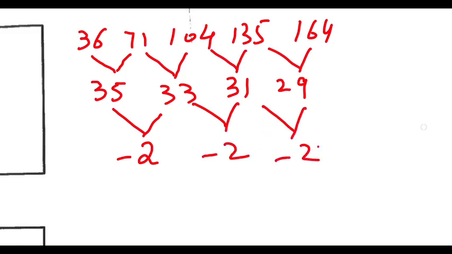So we're looking for the end of the first 5 seconds. So 1, 2, 3, 4, 5. So this will be my answer, 164. Therefore the answer is 164 meters.